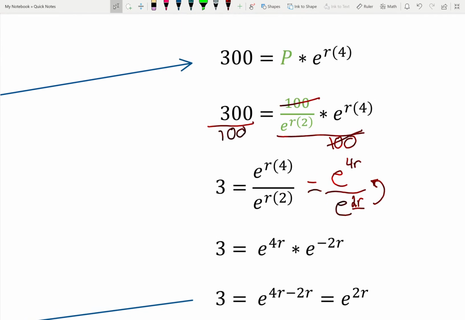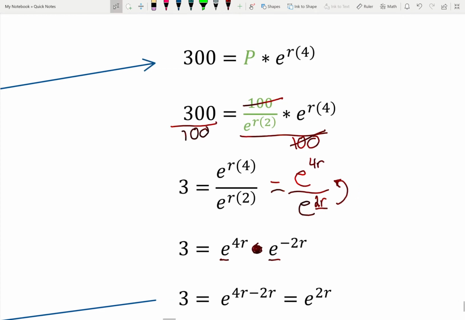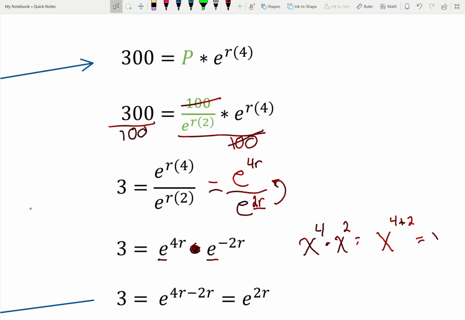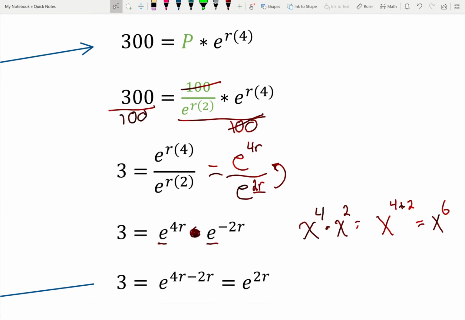Remember, anytime I have two similar bases being multiplied to each other, I can just add their exponents. So if I have x to the 4th times x squared, this is equal to x to the 4 plus 2, which is x to the 6th.